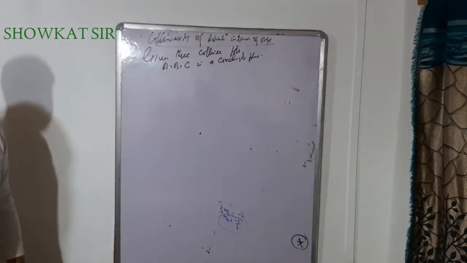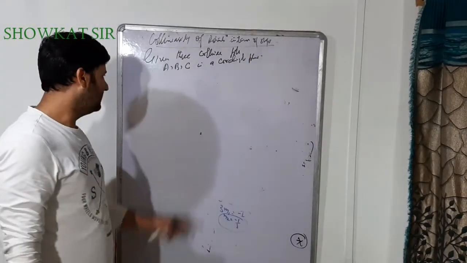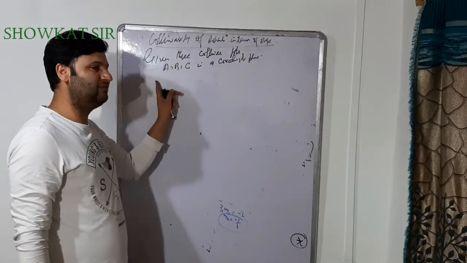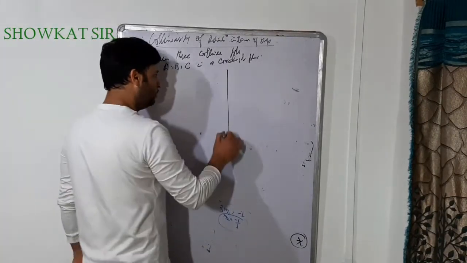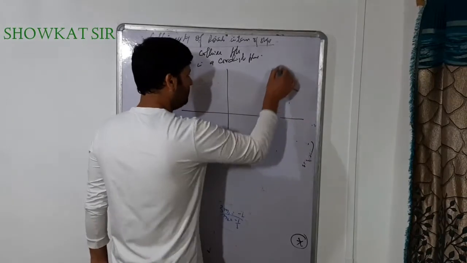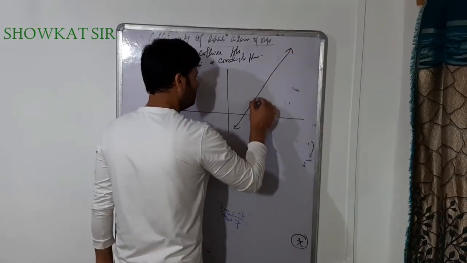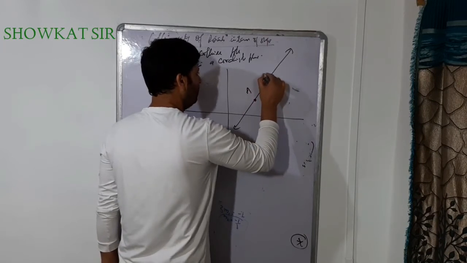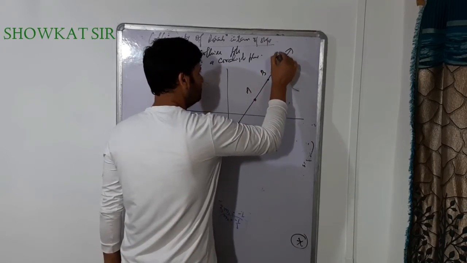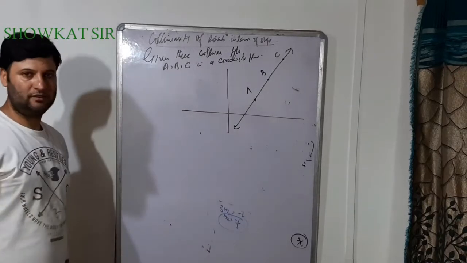हमारे पास क्या है? We have given 3 collinear points A, B, C. It means they will lie on the same line. So the condition will be like this. This is point A, this is point B, and this will be point C. Here A, B, C are collinear.